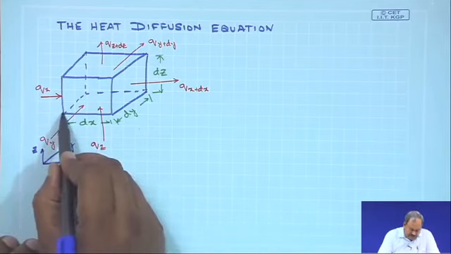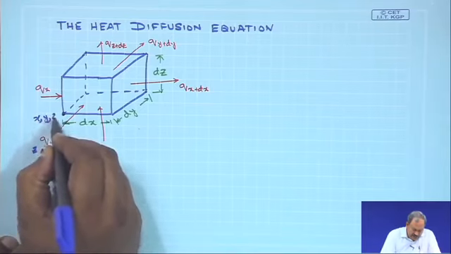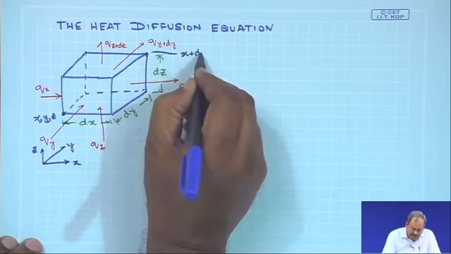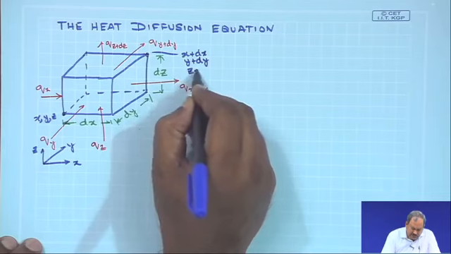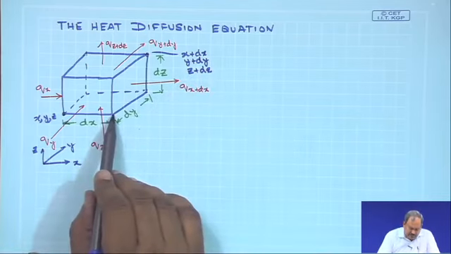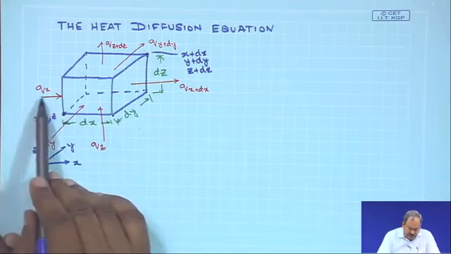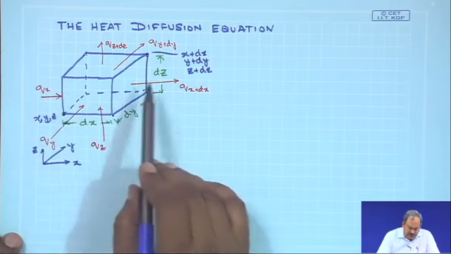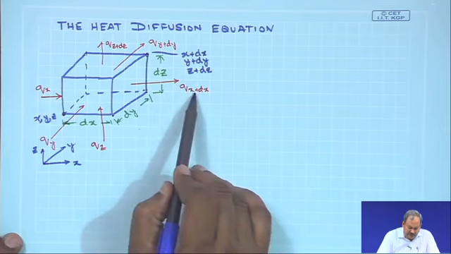This location is x, y, z, and the top obviously is going to be x plus dx, y plus dy and z plus dz. So, this point is x plus dx and so on, and we would assume that qx is the amount of heat which enters the control volume and it leaves from this face as qx plus dx.